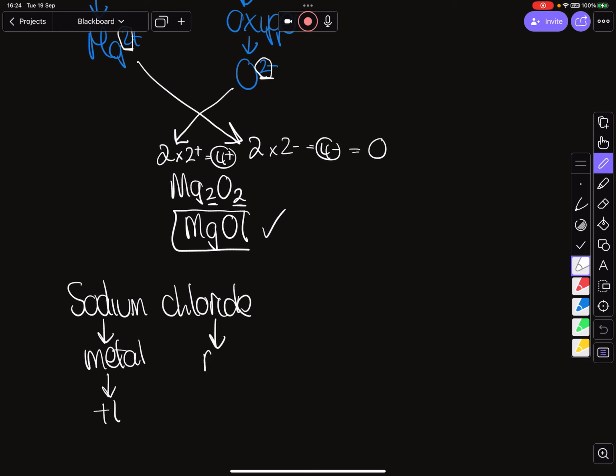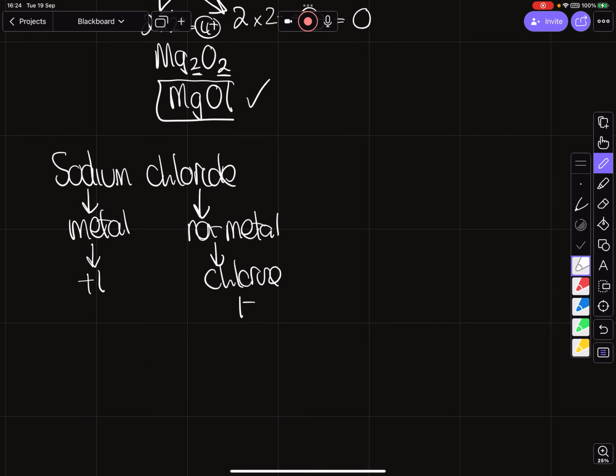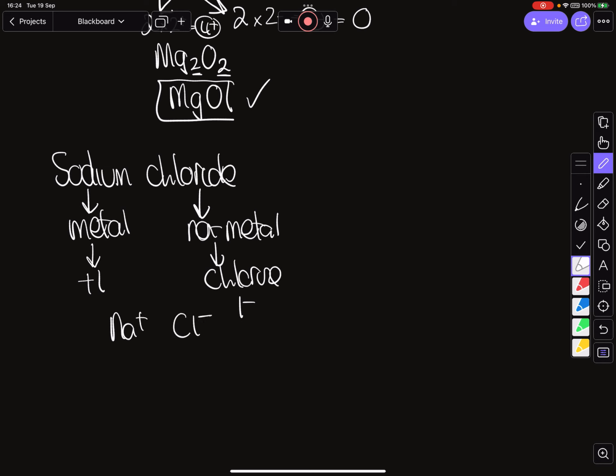I know this is my non-metal. And I know that this came from chlorine. So its charge must be minus 1. We write it as Na plus, Cl minus. We're doing our drop down. So this is the time when 1 is here, but it's not written, it's just inferred. So I have a 1:1 ratio, and I now just stick them together.